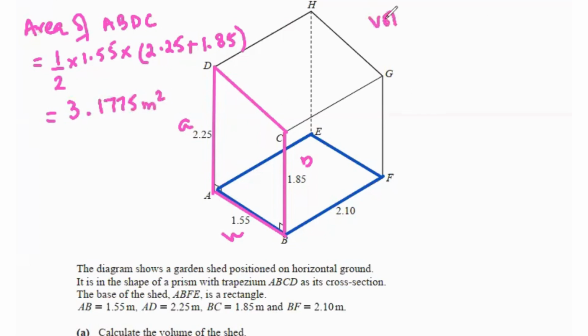As I said, volume of any shape is basically the cross-section area times the height.